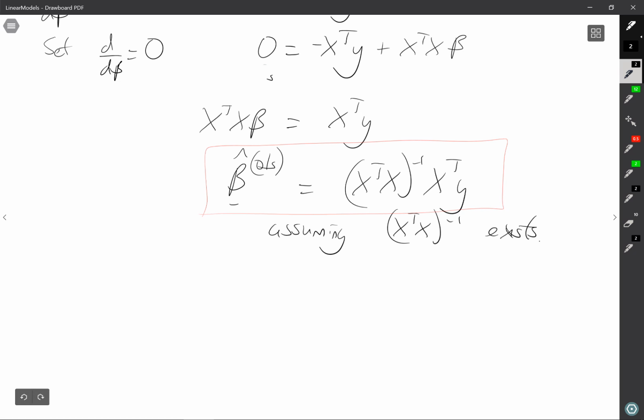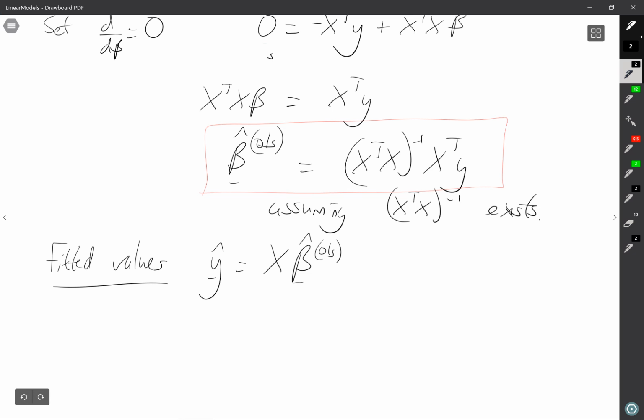The only bit of jargon we need is the fitted values. The fitted values are y hat, which is just X beta hat, the predicted values of the y's using the estimated beta.